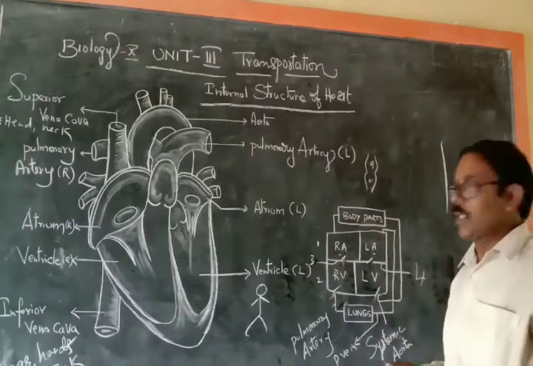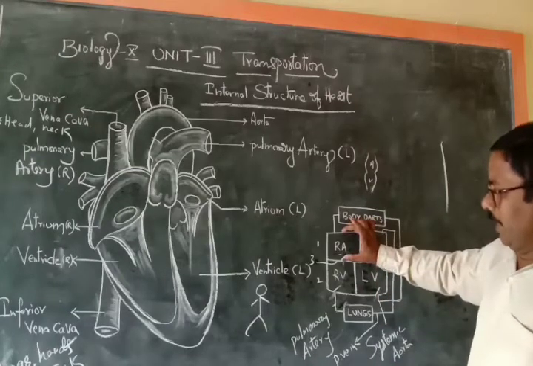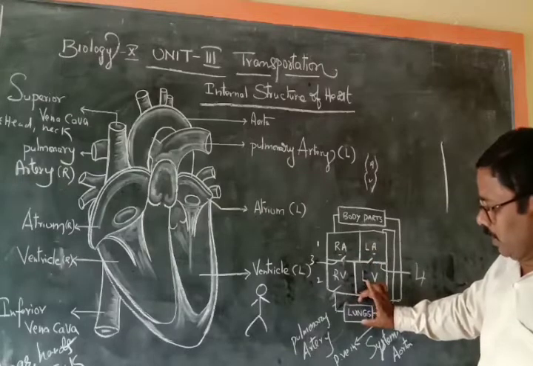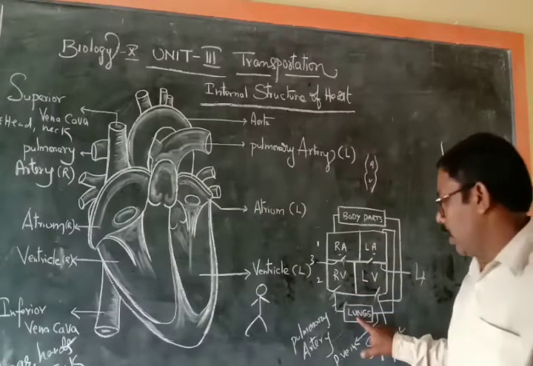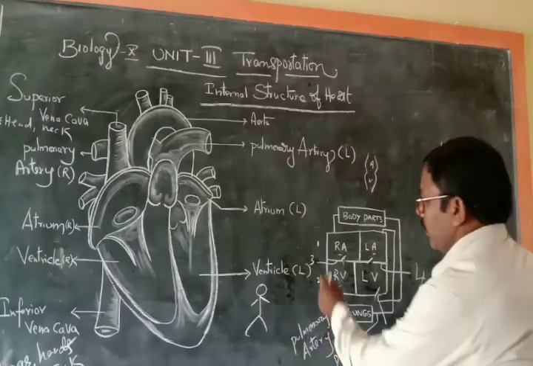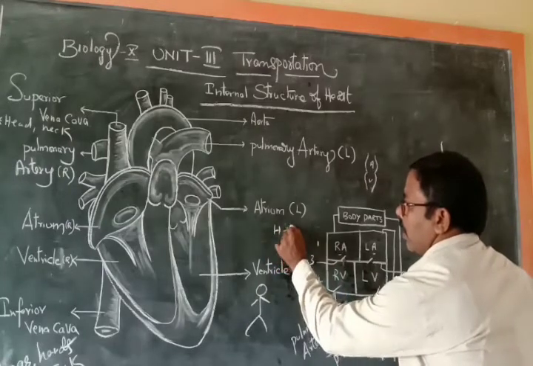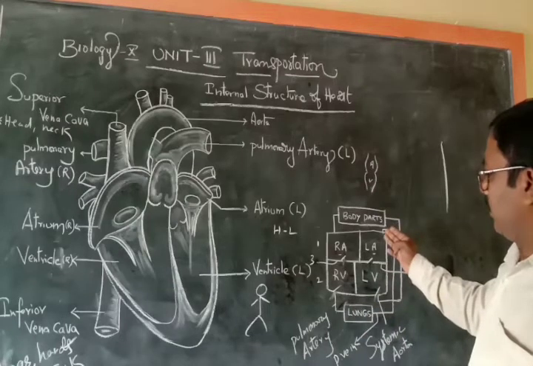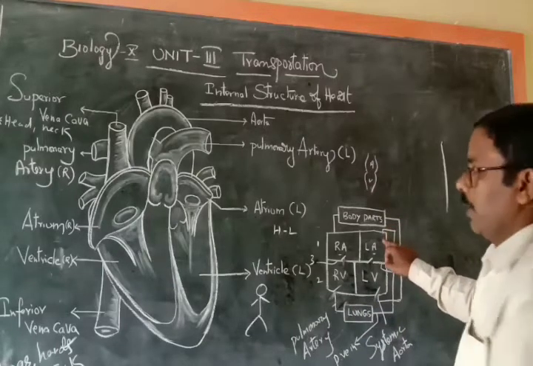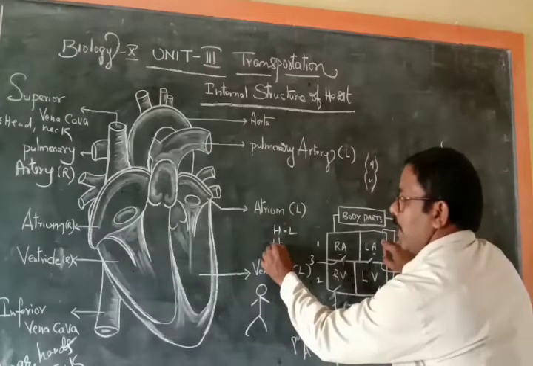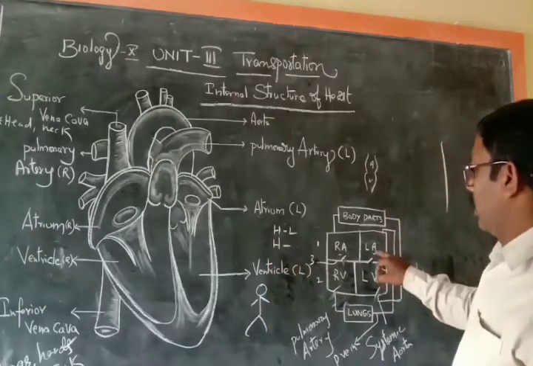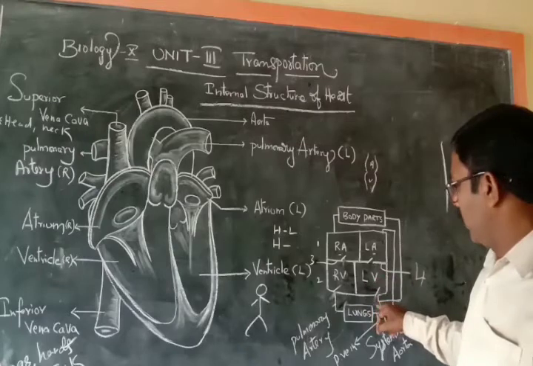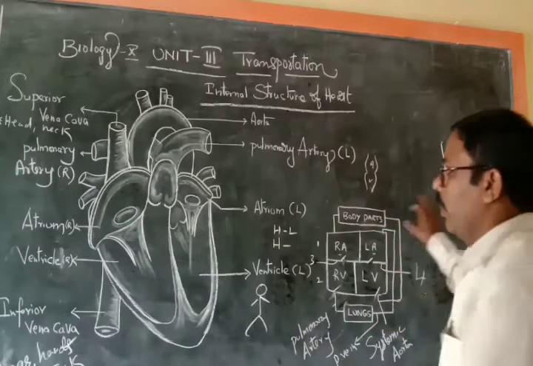Double circuit circulation means the right auricle opens into the right ventricle, which sends the blood to the lungs. So one time the blood goes from the heart to the lungs. Then it returns to the heart: the left auricle opens into the left ventricle, which sends blood through the systemic artery to the body parts.